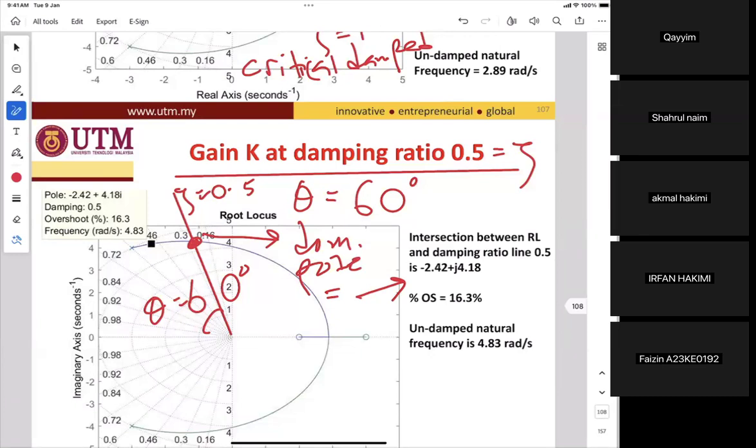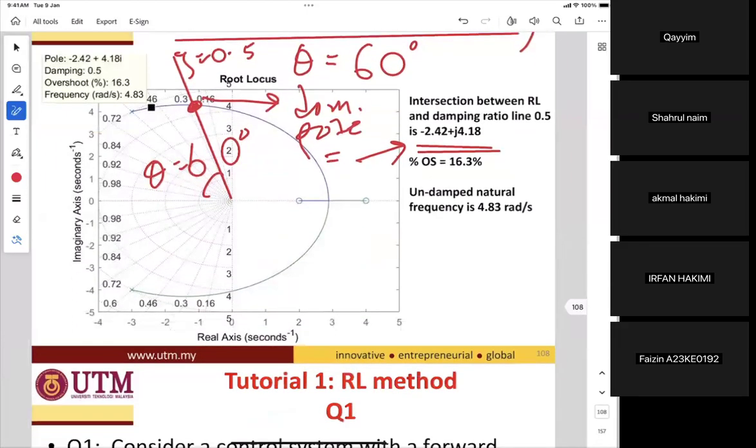Look at the slide. Negative 2.42 plus j 4.18. It is j 4.18, not 4.18 j. The j first. Repeat. Negative 2.42 plus j 4.18. Okay, thank you.